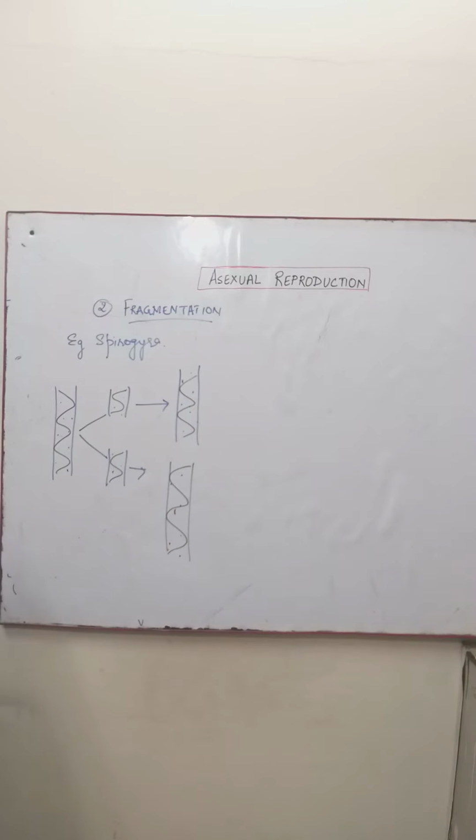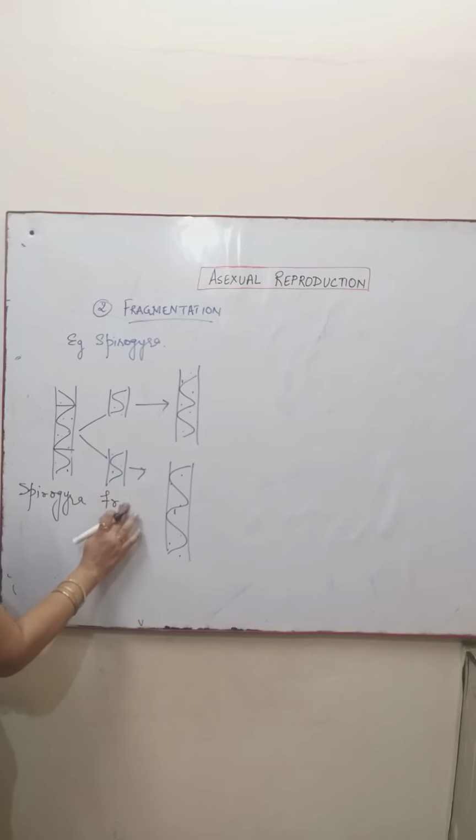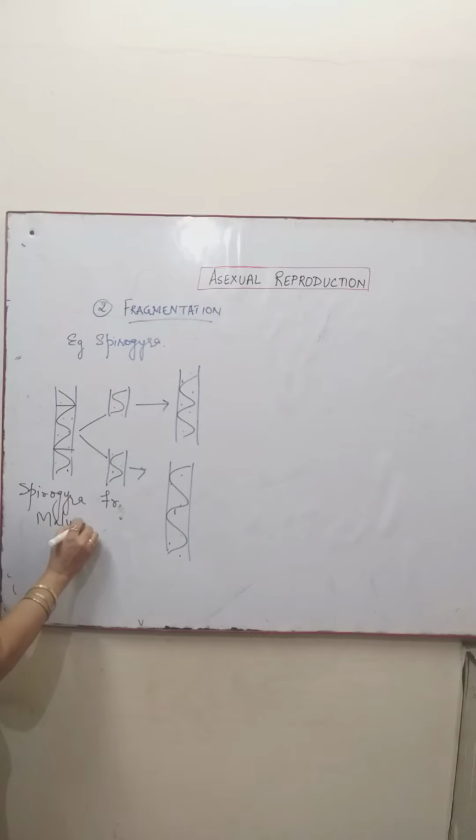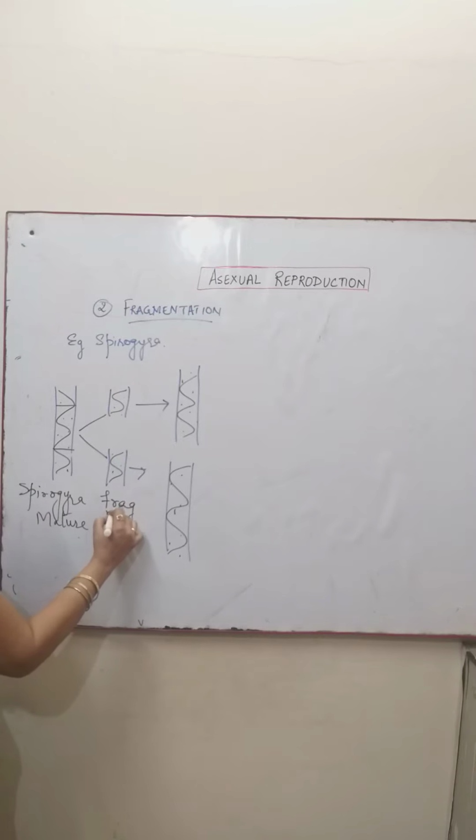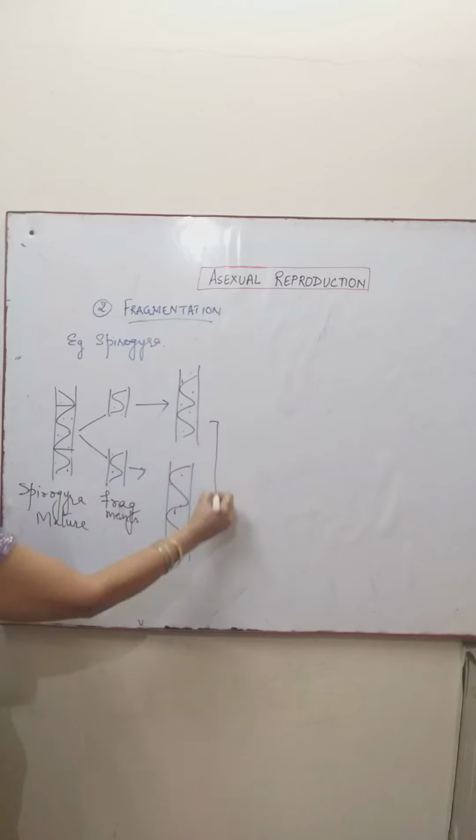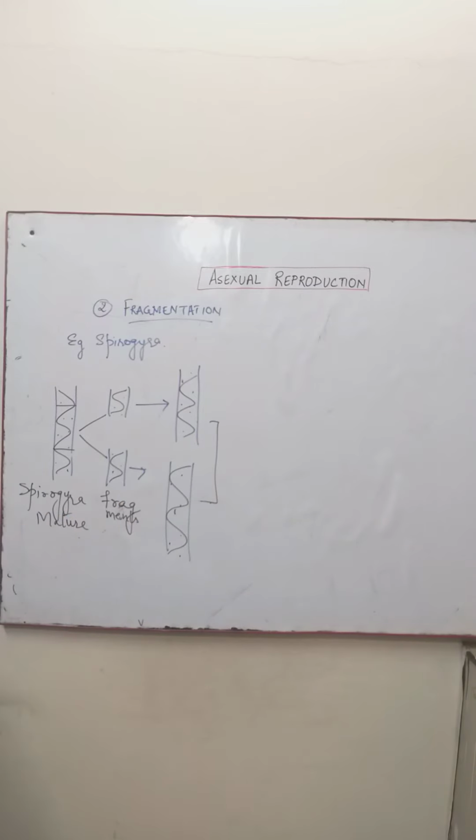So you can see what has happened. One mature organism, the Spirogyra, has its body divided like this, and on breaking up into 2 parts, these are the fragments. We say mature Spirogyra, and these are the fragments. And these are the newly formed individuals of Spirogyra.